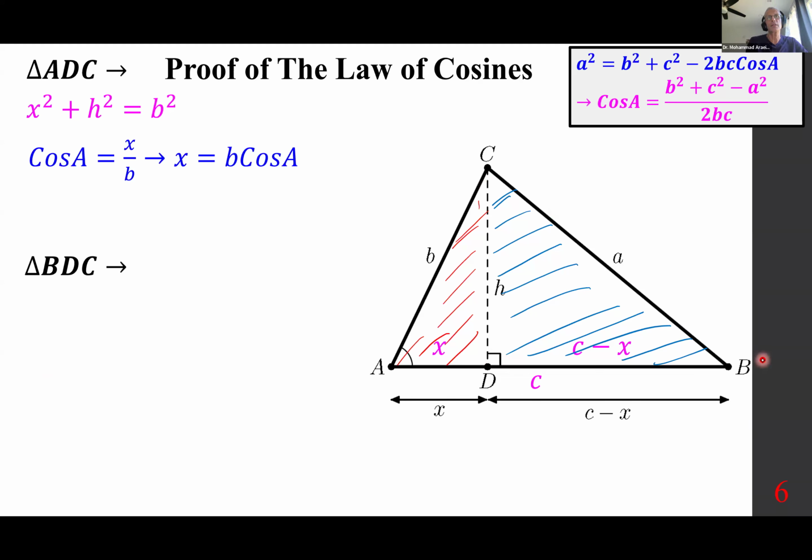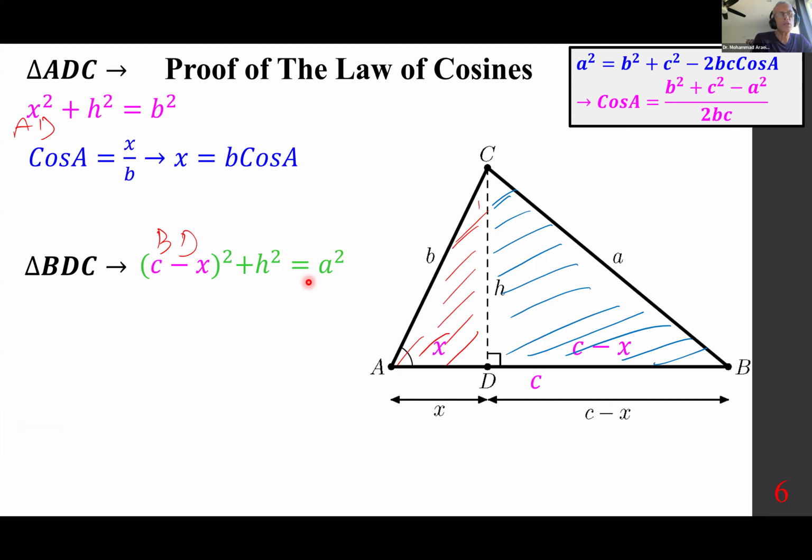So this side is C minus X, quantity squared. This side, H squared. This side, A squared. So this is BD, everybody, as X was AD, plus H squared equals A squared.